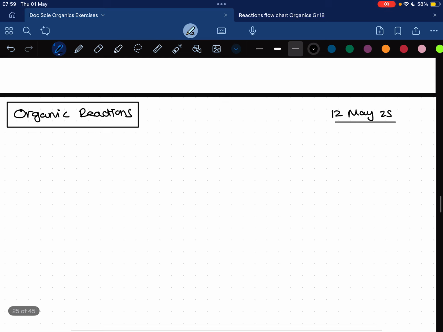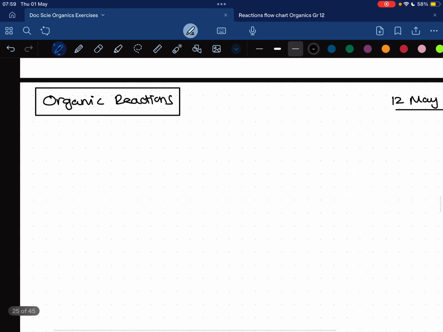Okay, so if we think about organic reactions, there are many different types of organic reactions. The first type of reaction that we can look at is called a combustion reaction. That's something that you should be quite familiar with because we do it quite often, especially in earlier grades.